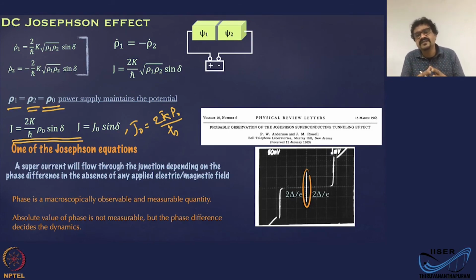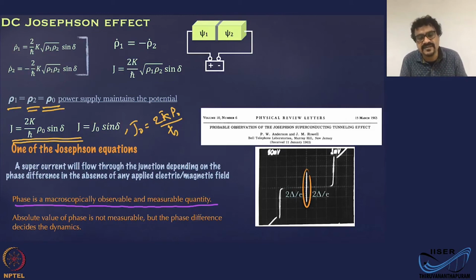Generally, phase is something which will disappear when you calculate anything observable, such as current, momentum, position, any of these. All the phase terms will disappear generally. But in the case of a superconductor, the phase is a macroscopically observable quantity.